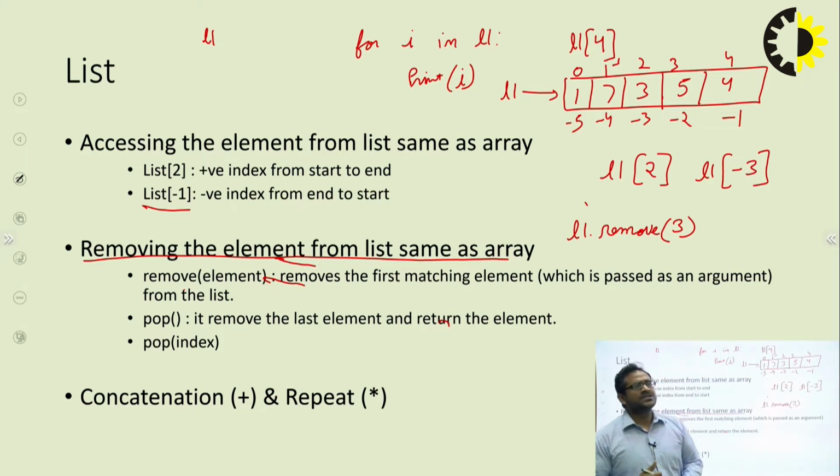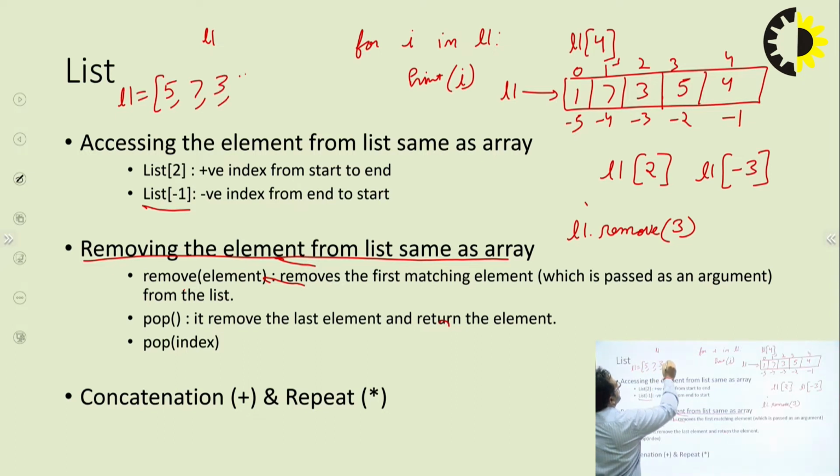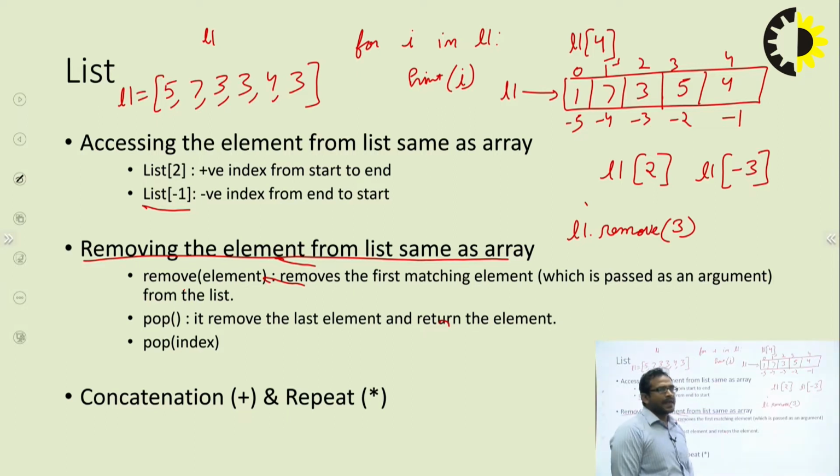Suppose you are having a list and there are some duplicate values, right? So suppose I am creating here L1 is equal to 5, 7, 3, 3, 4, 3. And if you can see, there are multiple 3s here. Okay. So whenever you call remove 3, it searches from the left hand side and the first appearance is available at indexing 2.